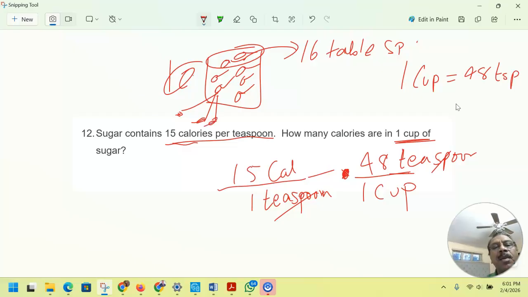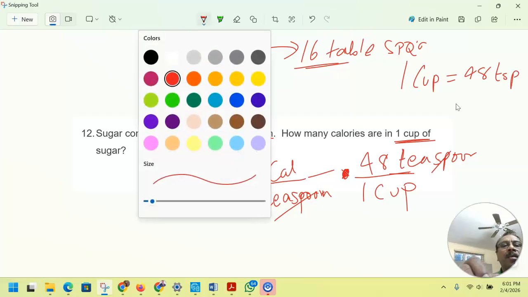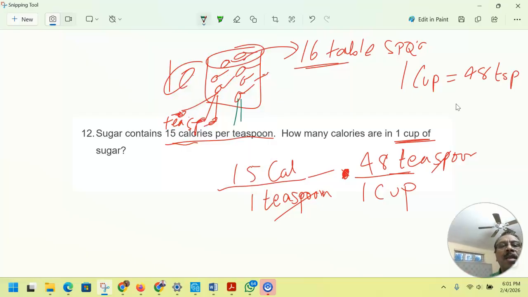Each of these gives you 3 teaspoons. These are teaspoons. So 16 tablespoons make a cup, but each of these will give separately 3, another 3 teaspoons, another 3. So 16 of them, right? So 16 plus 16 plus 16, and you can see that it's 48.